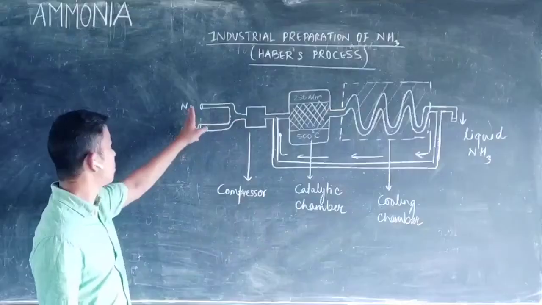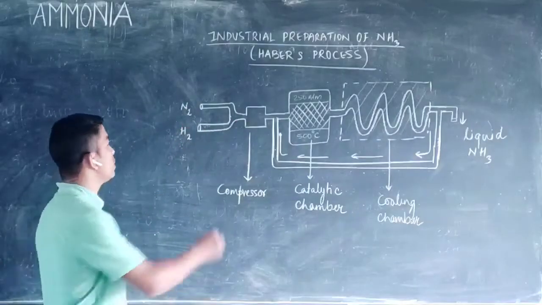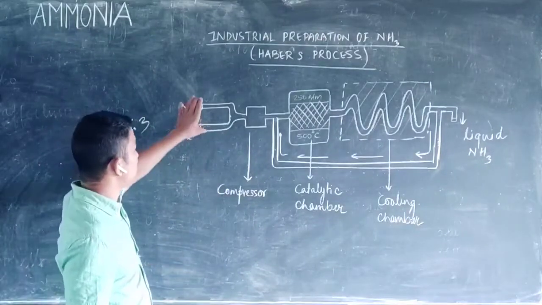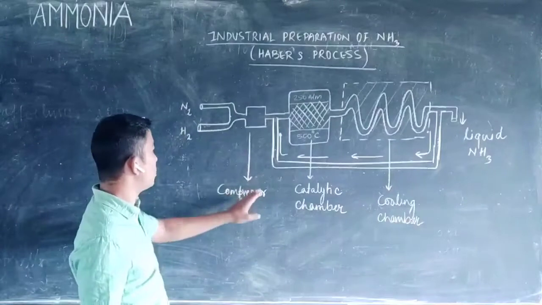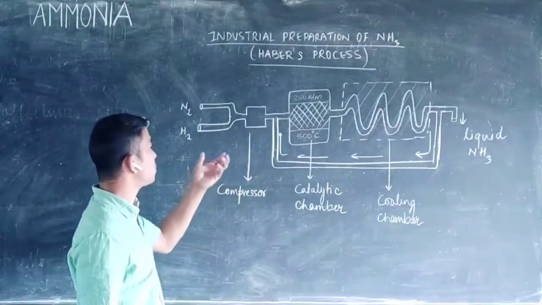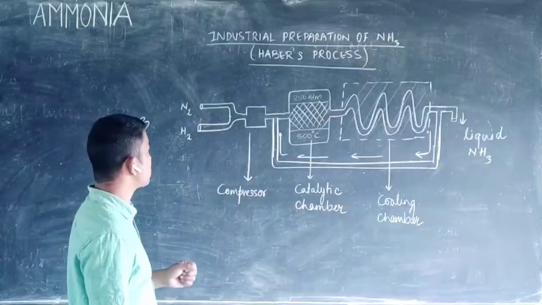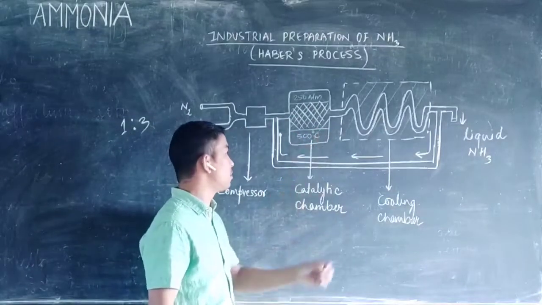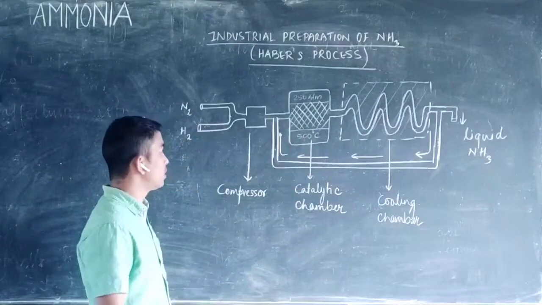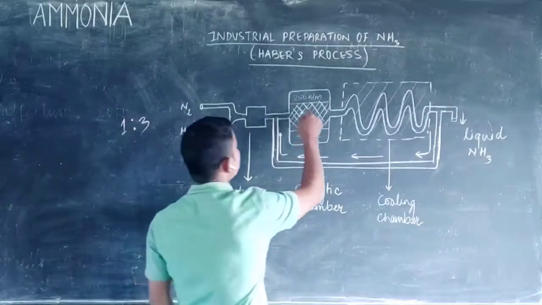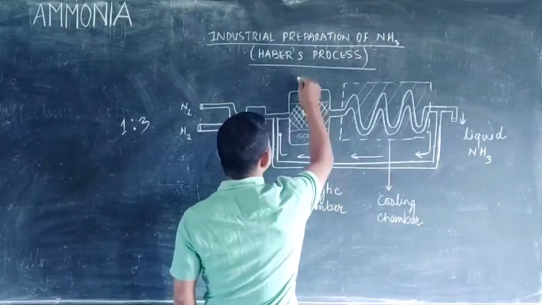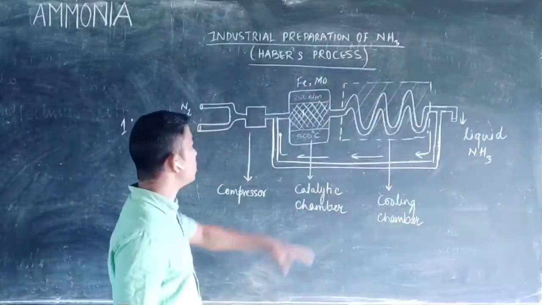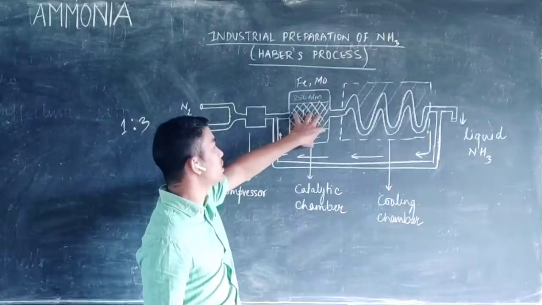The mixture of nitrogen and hydrogen gas in the ratio 1 is to 3 is taken, and then it is passed to the compressor, which compresses the gas and also mixes the gas. Once it is compressed, it is passed through a tower known as a catalytic chamber. In this catalytic chamber, there is a catalyst like iron. Okay, so the iron is taken as the catalyst and molybdenum as a promoter. In this catalytic chamber, all the reaction takes place.